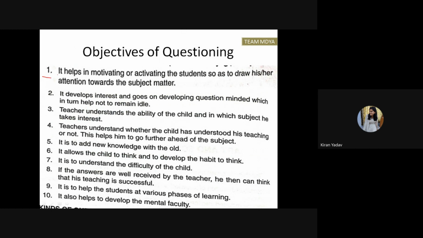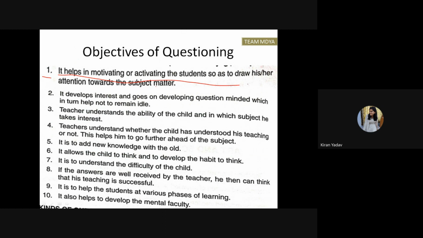It helps in motivating or activating the students so as to draw his or her attention towards the subject matter. So when you ask a question to someone, their focus is on knowing the answer. So when you ask them, they are most focused towards the subject.